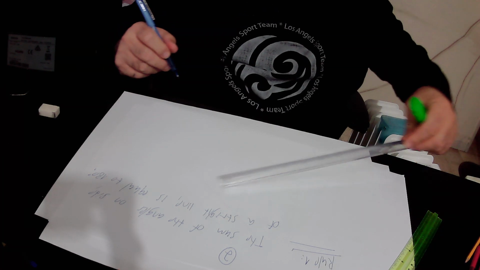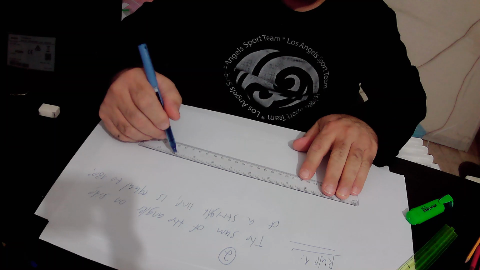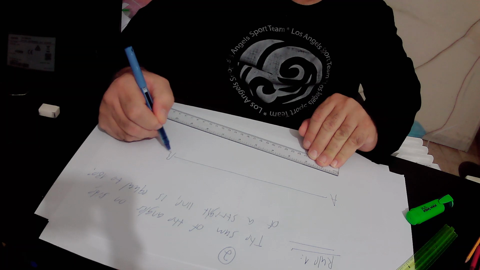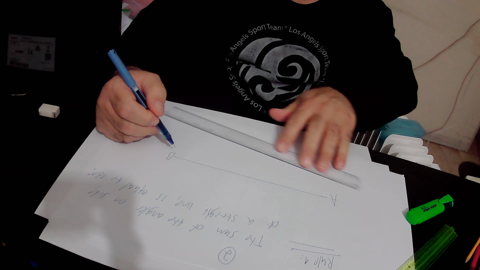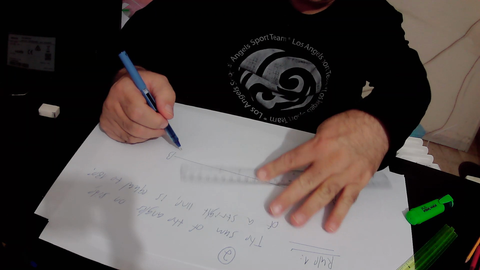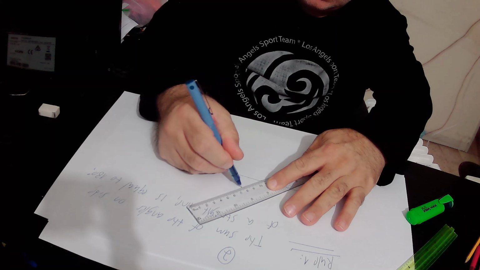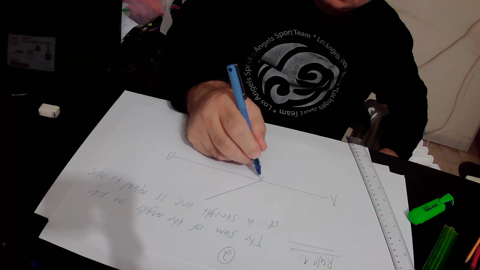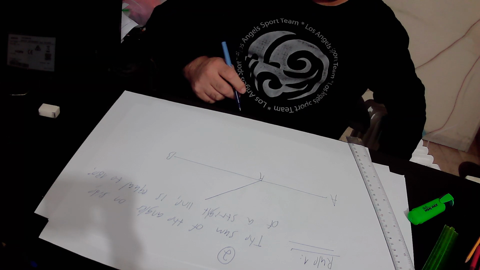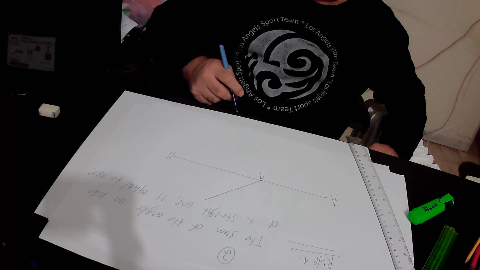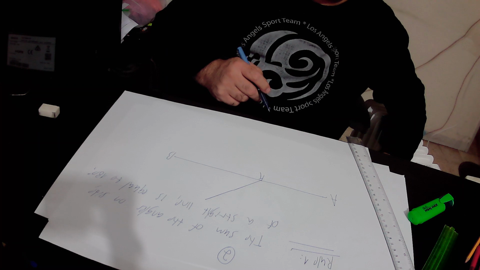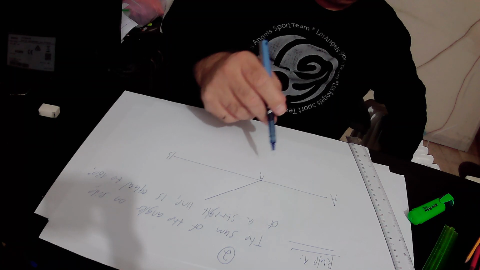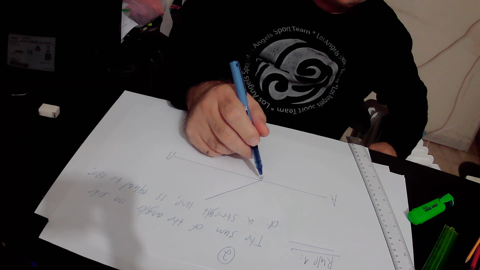So actually, if we have a straight line here, AB is a straight line, and we have here this point, point K. So here, according to rule number 1, if we focus on the upper side of the straight line AB at point K, the sum of the angles must be equal to 180 degrees.